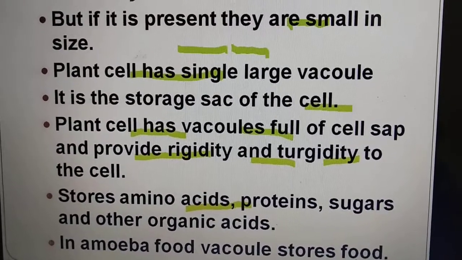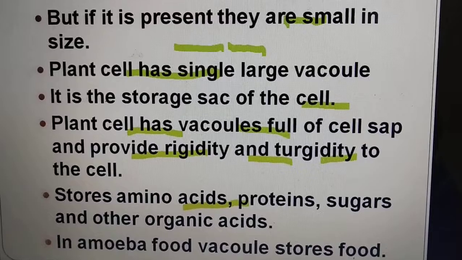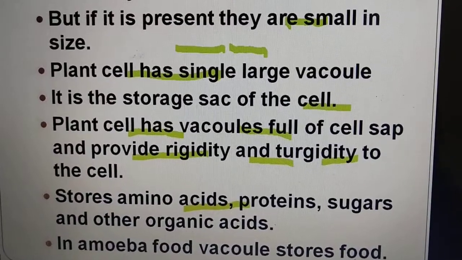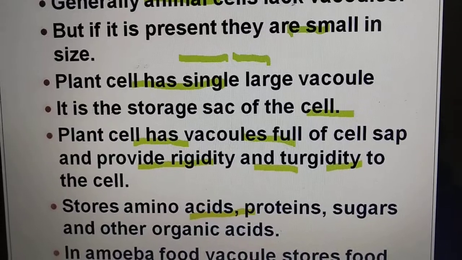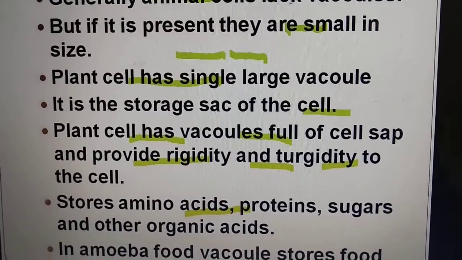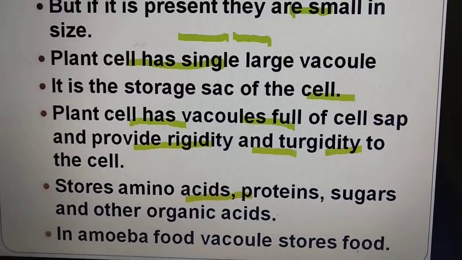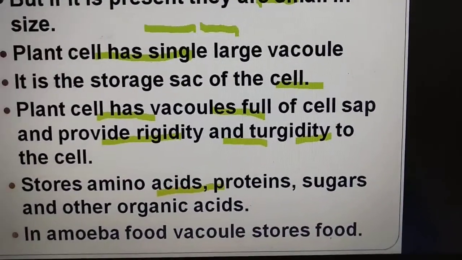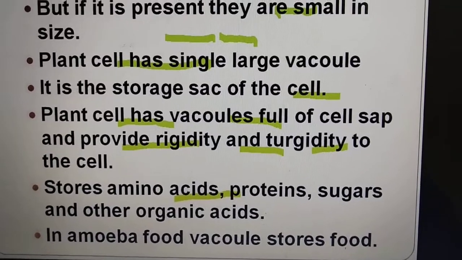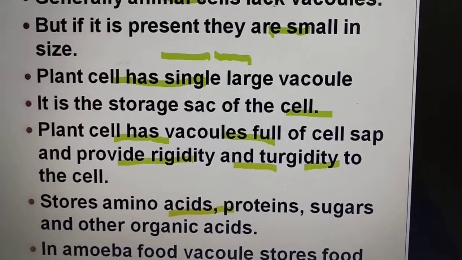It is a liquid called cell sap and it provides rigidity and turgidity to the cell. Rigidity means tightness to the cell and turgidity means maintaining the pressure of the cell. And what does it store? Amino acids, proteins, sugars and other organic acids. These organic acids in plants will be stored in vacuoles.